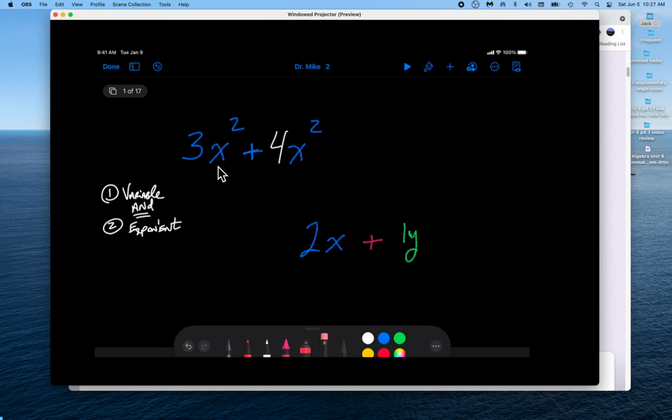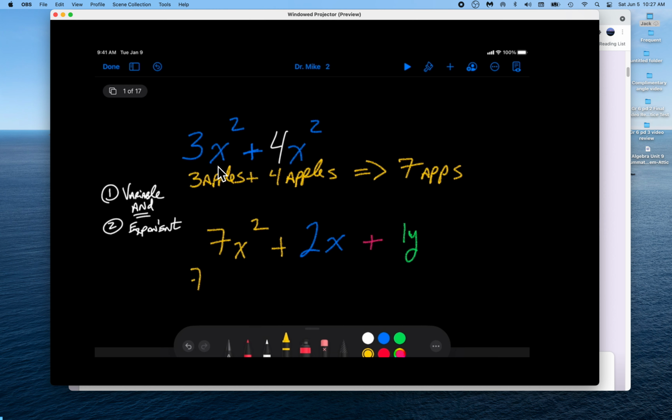That is like saying, folks, that we have 3 apples plus 4 apples. What does that equal? 7 apples. So down here we are going to write 7x squared.